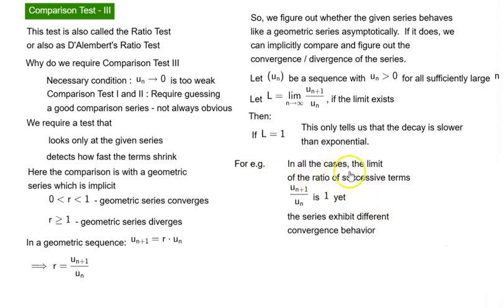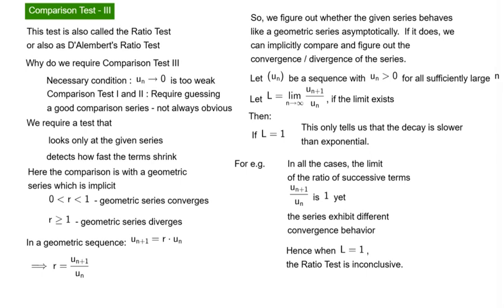So in all the cases, the limit of the ratio of successive terms u sub n plus 1 by u sub n is 1, yet the series exhibit different convergence behavior. Some were convergent, some were divergent, but all their limits of the ratio of successive terms was 1. So L is equal to 1. When we end up with this situation, the ratio test is inconclusive.